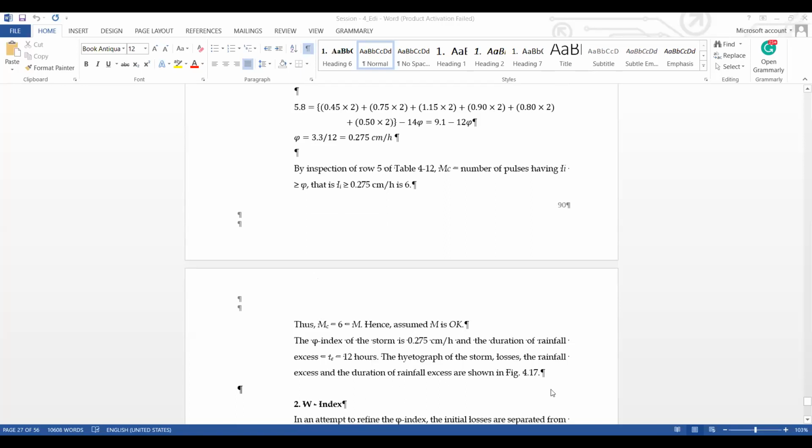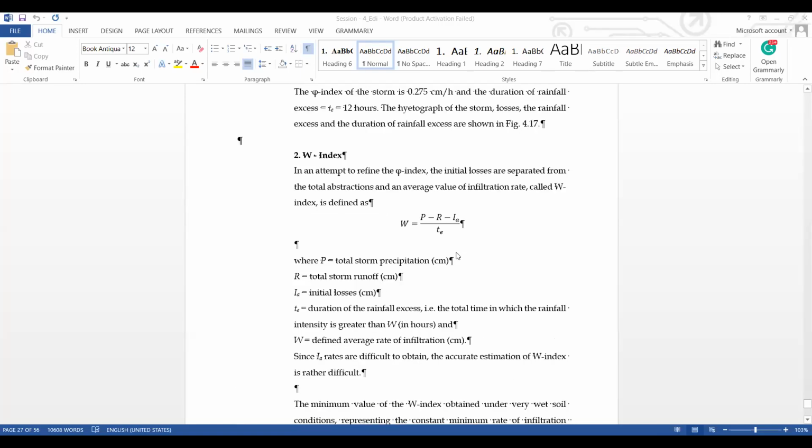Now for the W index, what you simply do is introduce the infiltration and initial losses into the equation. That is all we do, other than the phi index calculation, in an attempt to refine the phi index. The initial losses are separated from the total abstractions, and an average value of infiltration rate called W index is defined.